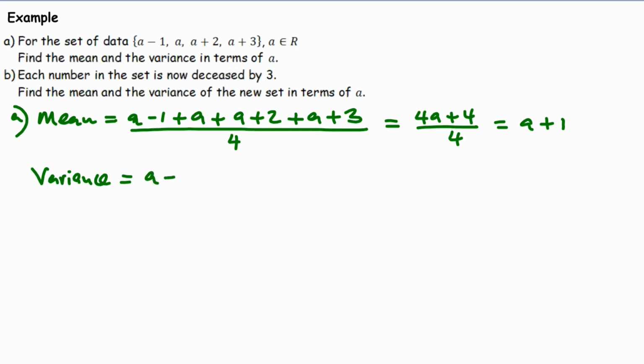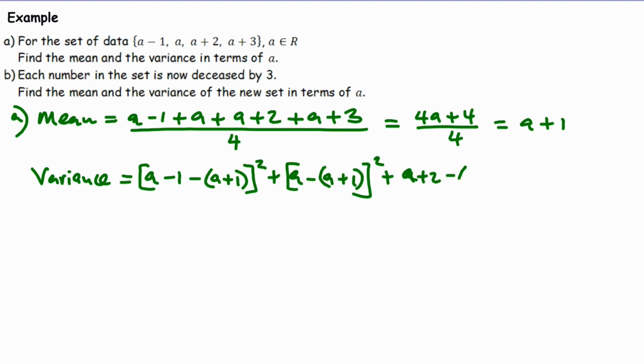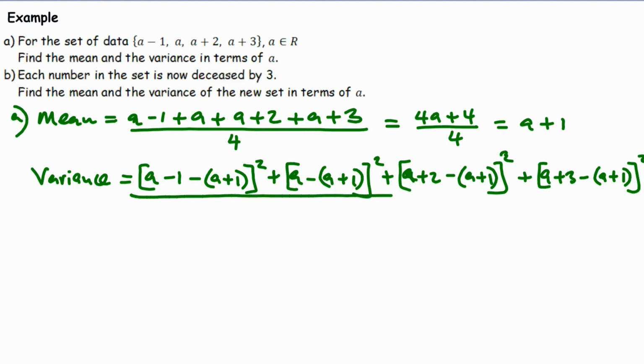So A minus 1 minus A plus 1, and then we square that, plus A minus A plus 1, and then we square that, plus A plus 2 minus A plus 1, and then we square that, plus A plus 3 minus A plus 1, and then we square that. And then all this over 4.